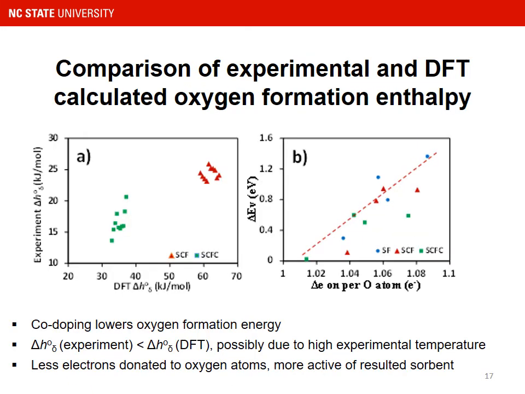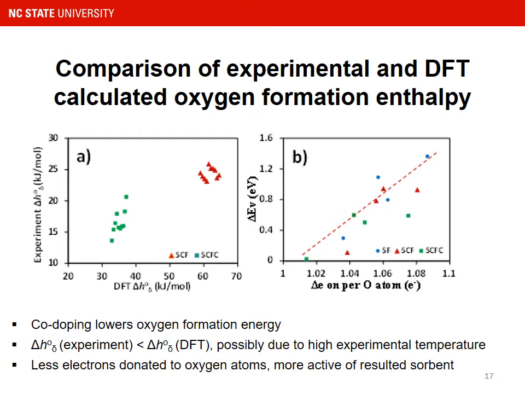This figure shows the reduction enthalpy obtained by experimental results and DFT calculations for the calcium-doped sample as well as the calcium and cobalt co-doped sample. Both results show that by co-doping calcium and cobalt, we can reduce the reduction enthalpy compared to the sample with only calcium doping.